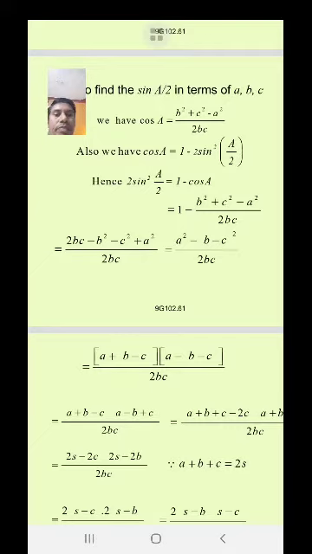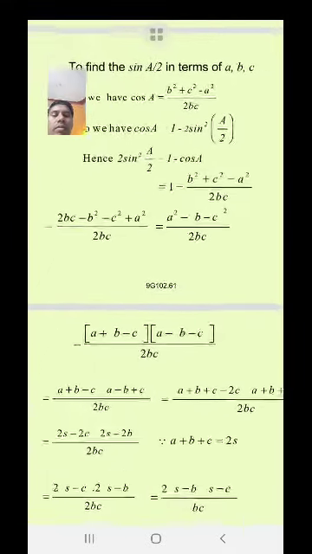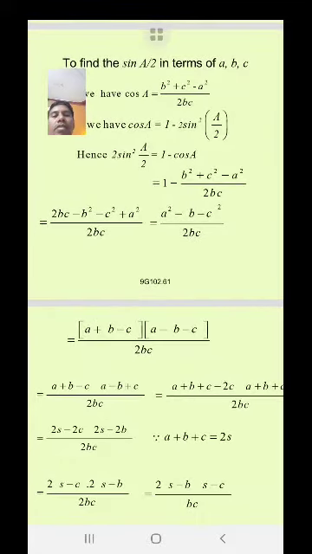So we can write that as a square minus b square minus c square minus 2bc.